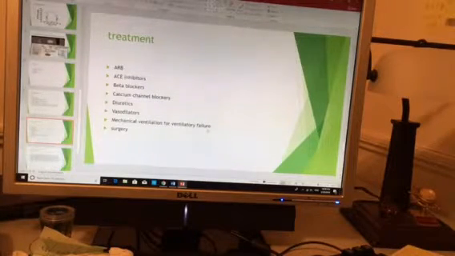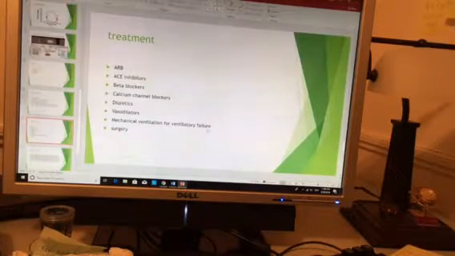Calcium channel blockers and long-acting nitrates relax blood vessels, especially those that feed the heart muscle. Diuretics reduce your body's fluid content by promoting urination. Vasodilators open blood vessels if you cannot tolerate ACE inhibitors or ARBs.